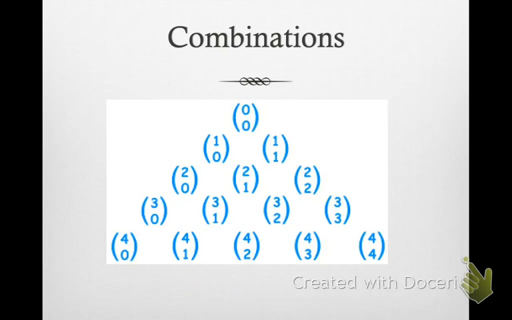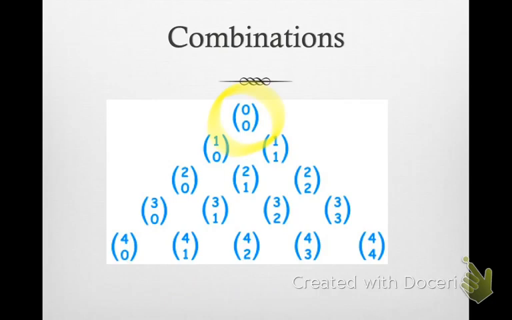But the pattern that we're going to look at today is the fact that each one of those entries in Pascal's triangle can also be found using the combination, where the combination describes the entry. So, for example, this entry here says we're in row 0, entry 0.